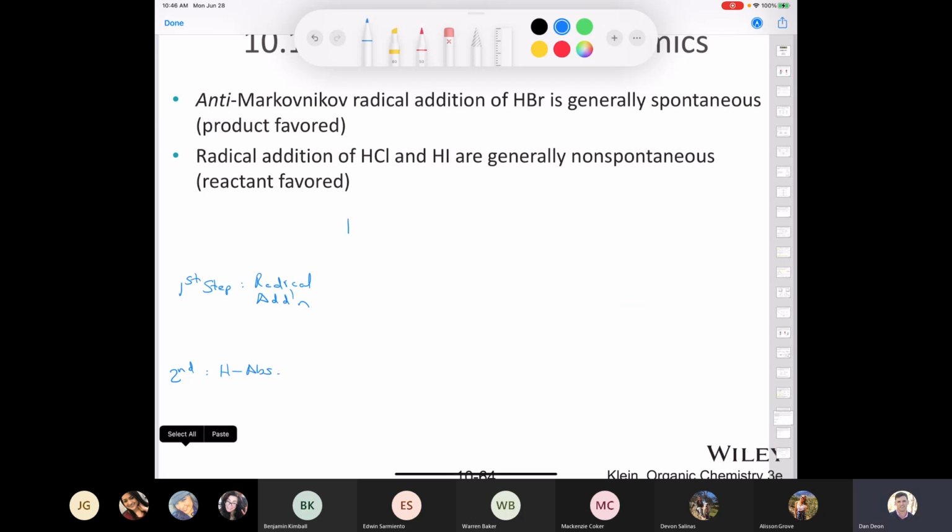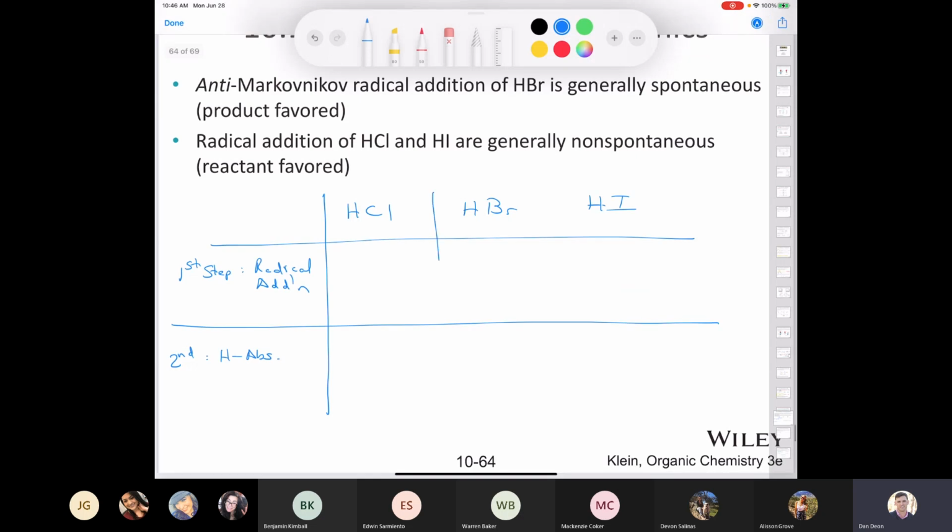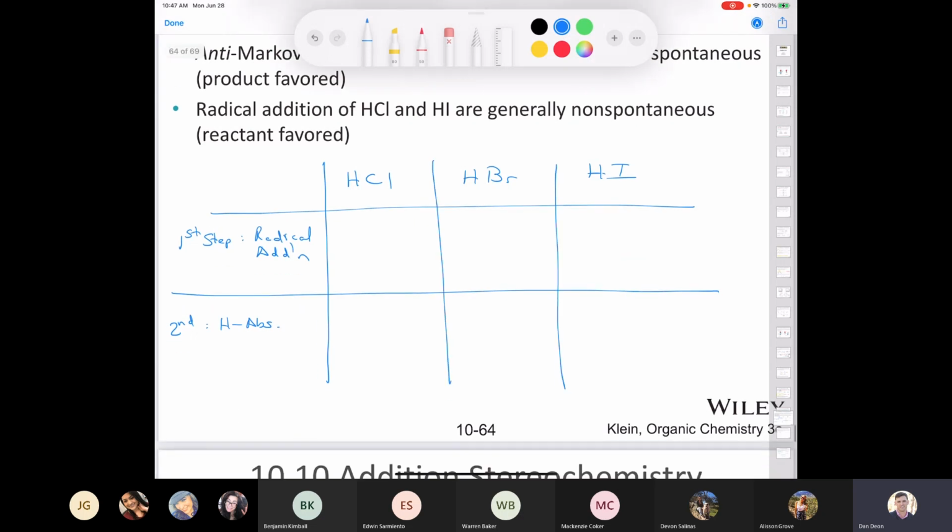And we compare them for doing the reaction with HCl, HBr, and HI. Check this out. If you look at the change in Gibbs free energy for all of these processes, okay, and I probably didn't give myself enough room here, but the radical addition with HCl is actually a spontaneous process. The delta G is negative.